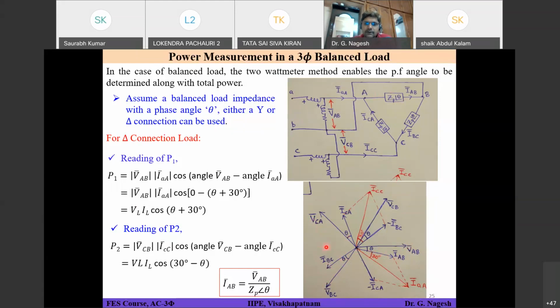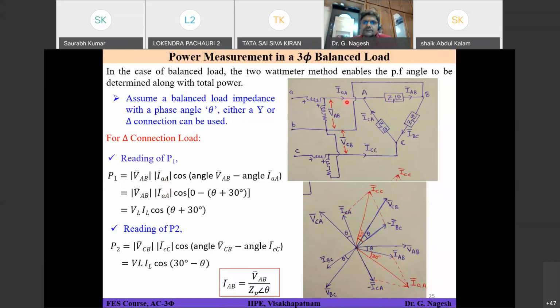Now we have to find the phase angle difference between VAB and IAA. So where will IAA fall? This is your IAB, this is your VAB, and now you have to find IAA. What is the formula for IAA?